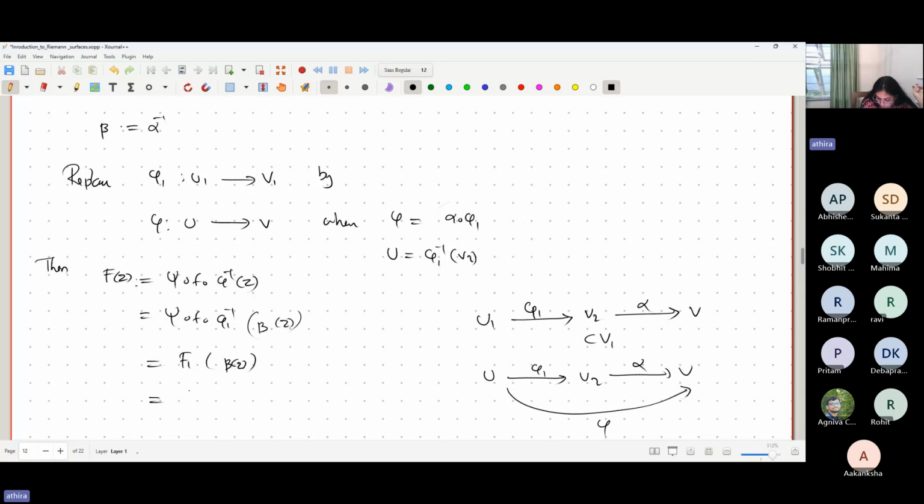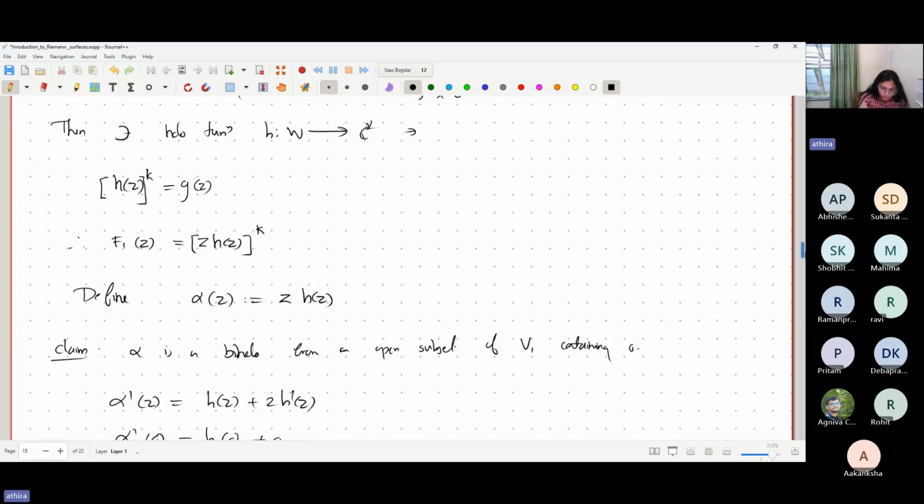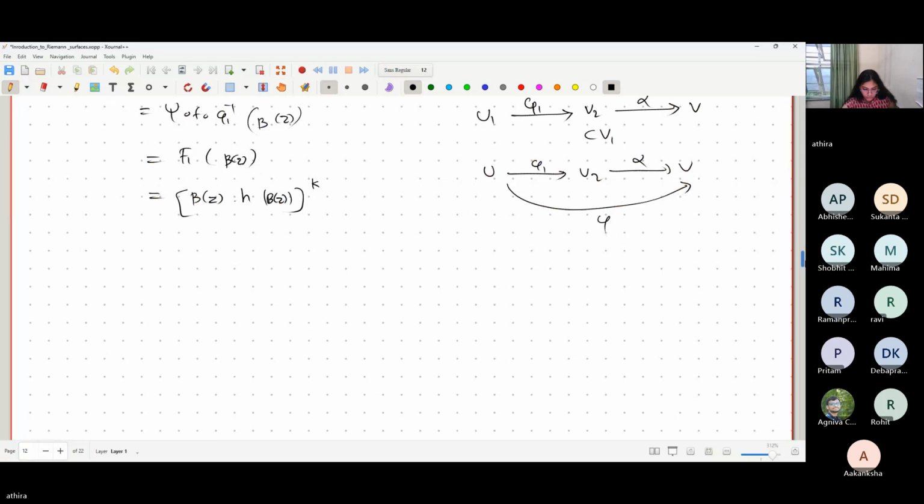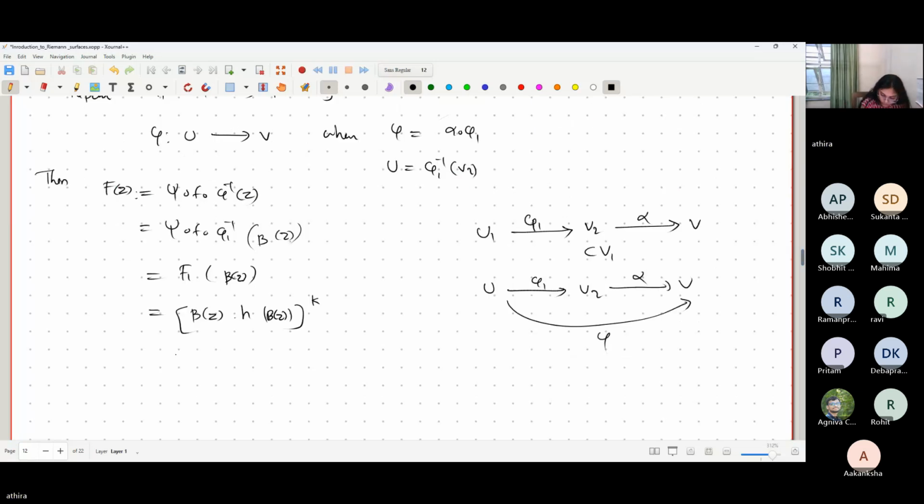We have already shown that it has an expression, beta of z times h of beta of z, to the power k. We have just observed it here. So, since alpha of z is z times h of z, I can write it as alpha composite with beta of z to the power k. Since beta is alpha inverse, this is z to the power k. We are done. Local behavior of a holomorphic function.